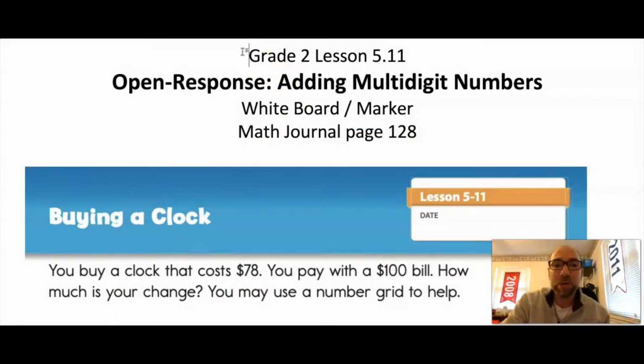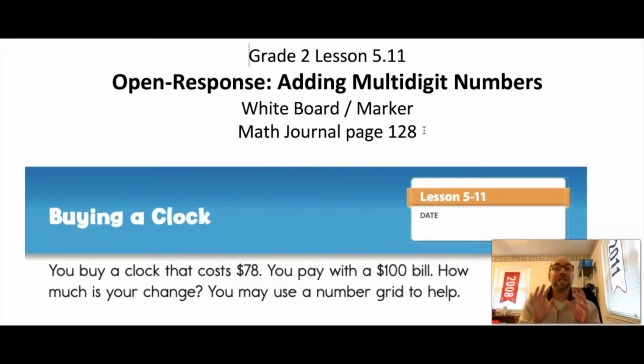Today we are doing grade 2, lesson 5.11, the open response lesson called adding multi-digit numbers. You're going to need your whiteboard and your marker, and your math journal, which is your blue journal book, opened up to page 128.